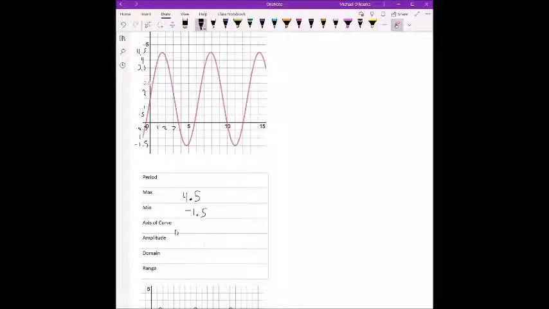Actually, let's keep going to axis of a curve. What's your axis of a curve? See if you can figure that out. Remember your equation over here for axis of curve, right? Max plus min divided by 2.